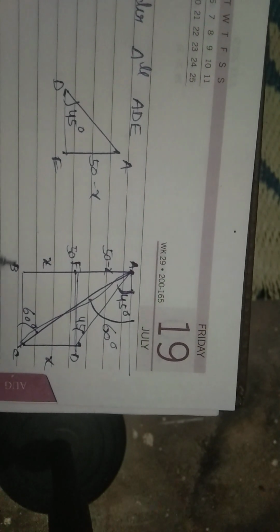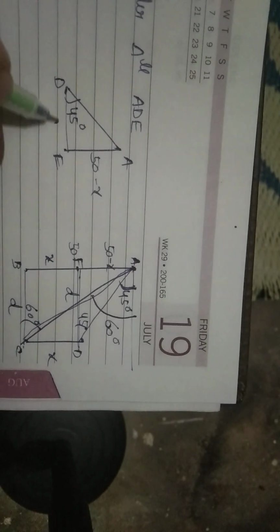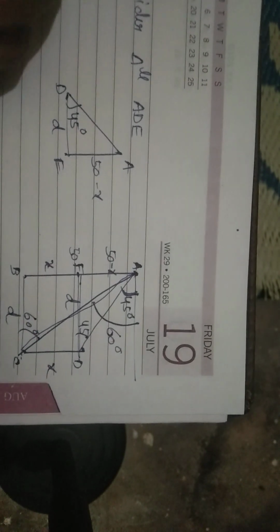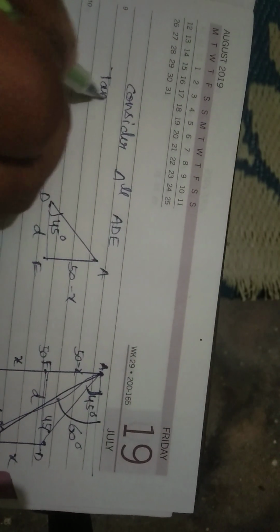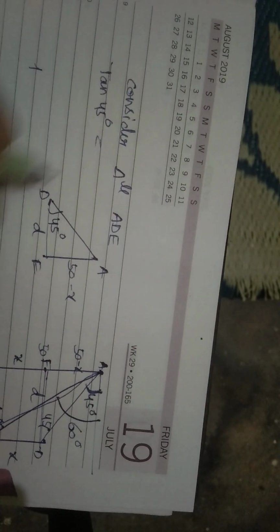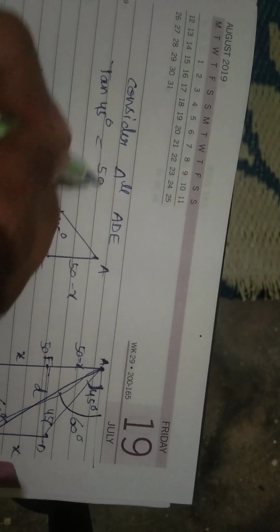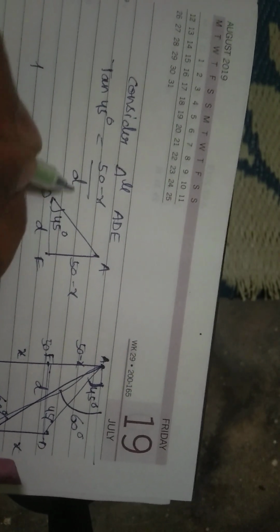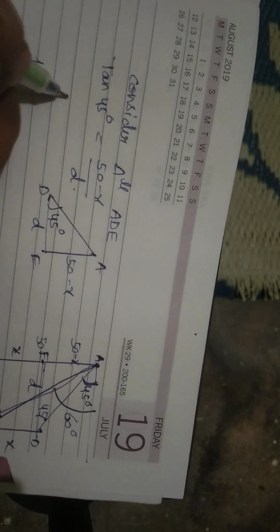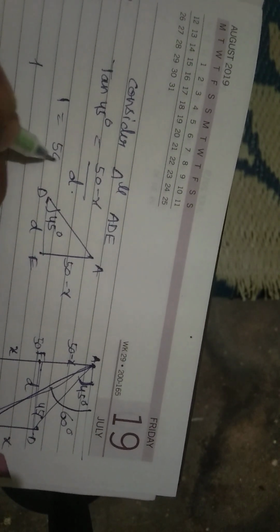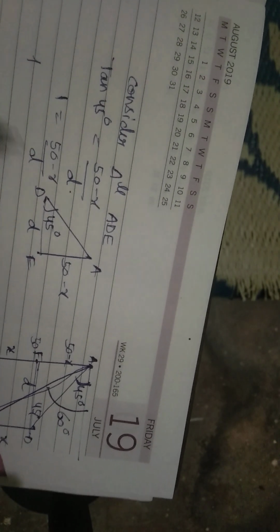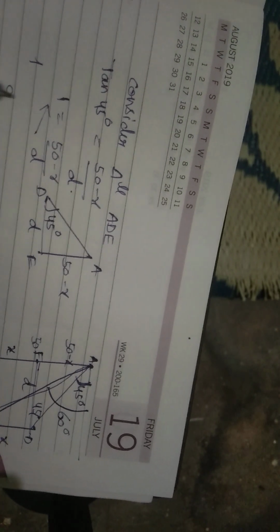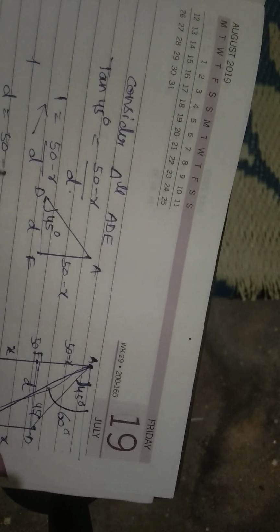We don't know the distance between the foot of the tower and the foot of the building, so let it be d meters. Then this will also be d meters. So tan 45 is equal to opposite, 50 minus x, by d. So tan 45 is 1, equal to 50 minus x by d. Cross multiplication, d into 1, d is equal to 50 minus x. This is our equation number 1.